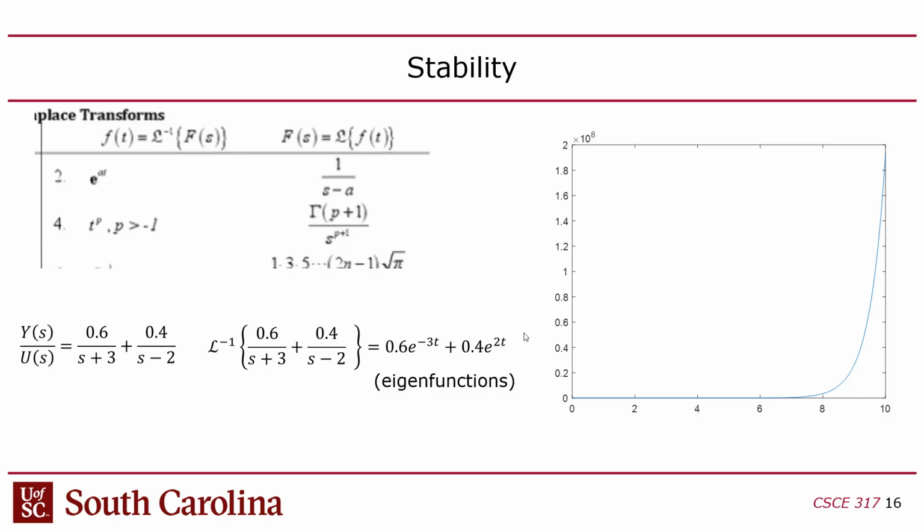Where's the input? Well, the input is baked into this because the step response is baked into the transfer function, right? So if you plot this, obviously it's unbounded because of the 0.4 times e raised to the 2t power. That's going to blow up as you increase t, so that means it's unbounded.